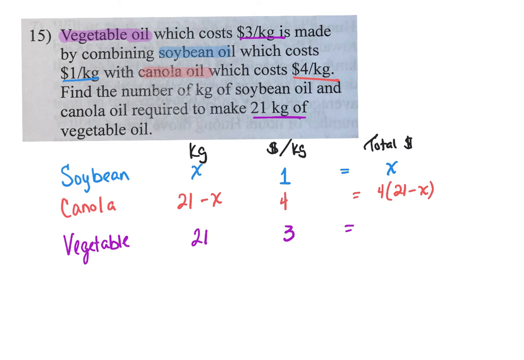So 21 times 3 is going to give us 63 there. We also know that this last category adds down. So we have x plus 4 times 21 minus x equals 63.